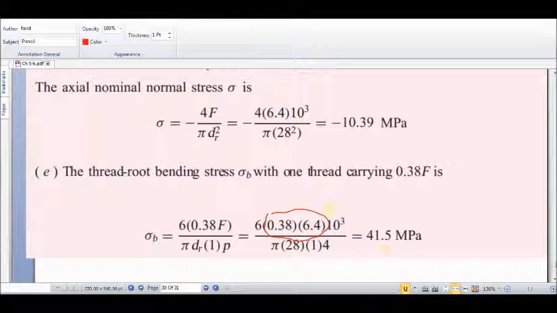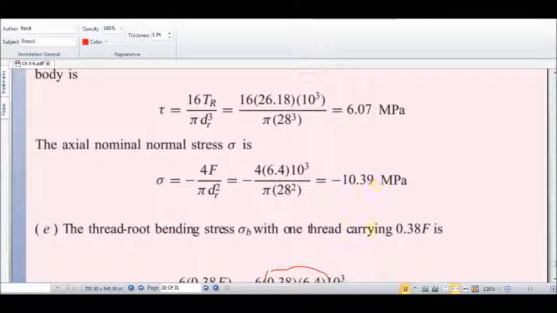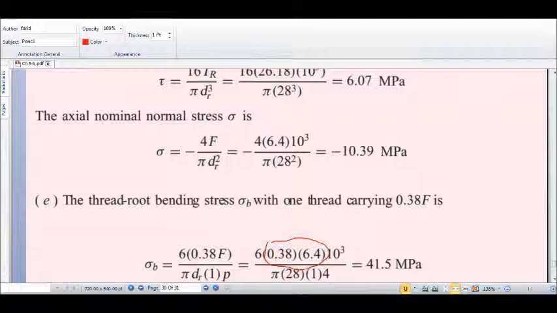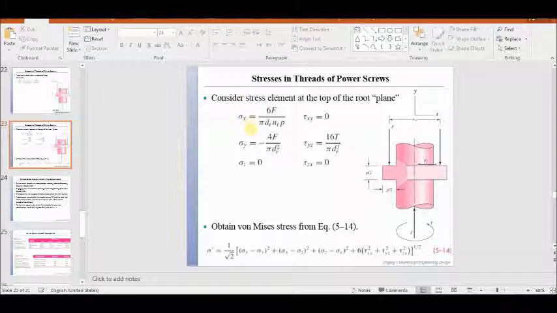81.5 megapascal. Now we have these three stresses, which are in two different planes. Two of them are in the plane of xy, as you can see. This is the plane of xy, and the torsional shear stress is in the plane of xz.